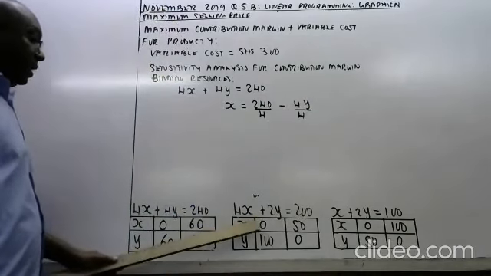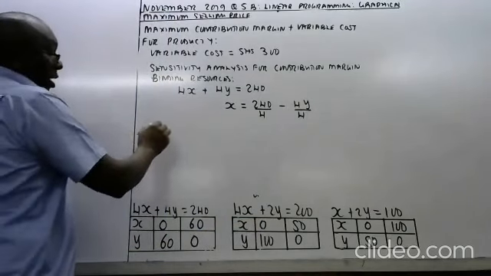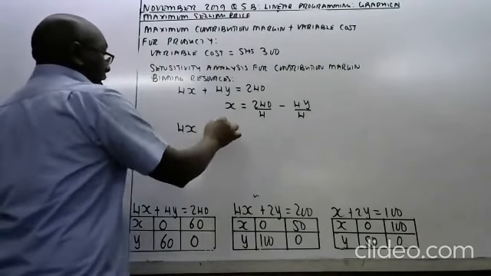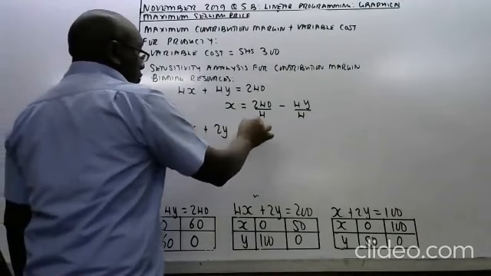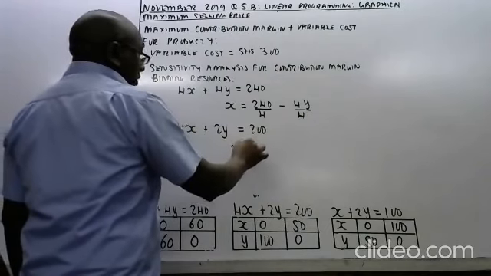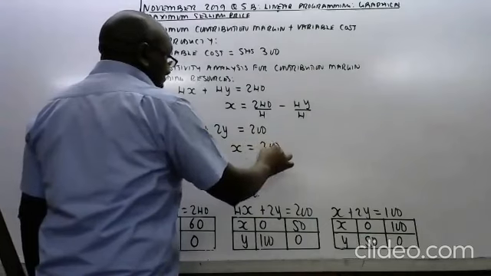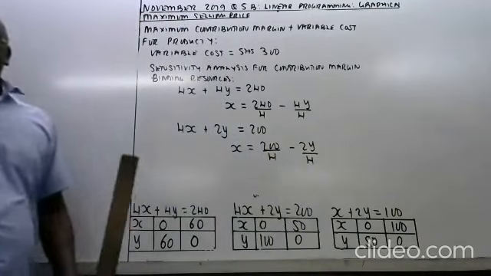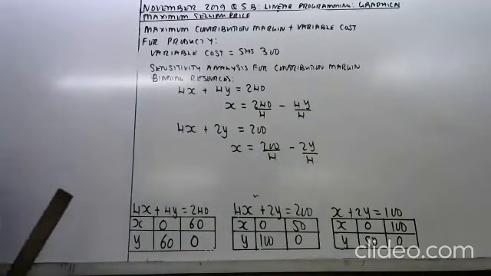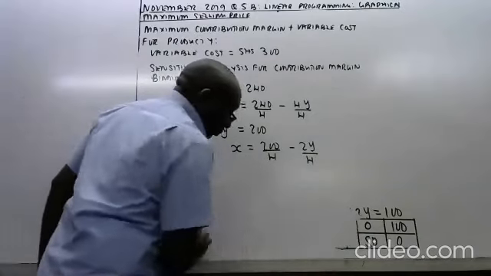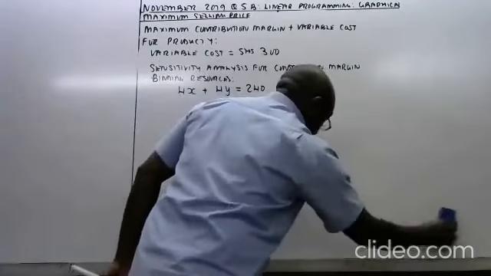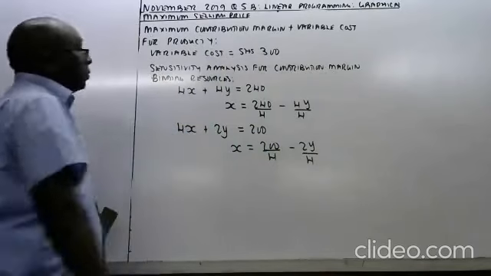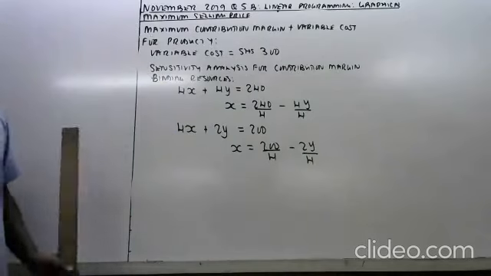Then you take the next binding resource, which is labor, 4x plus 2y is equal to 200. So x must be 200 out of 4 minus 2y out of 4. Those are the binding resources. You already have changed them.